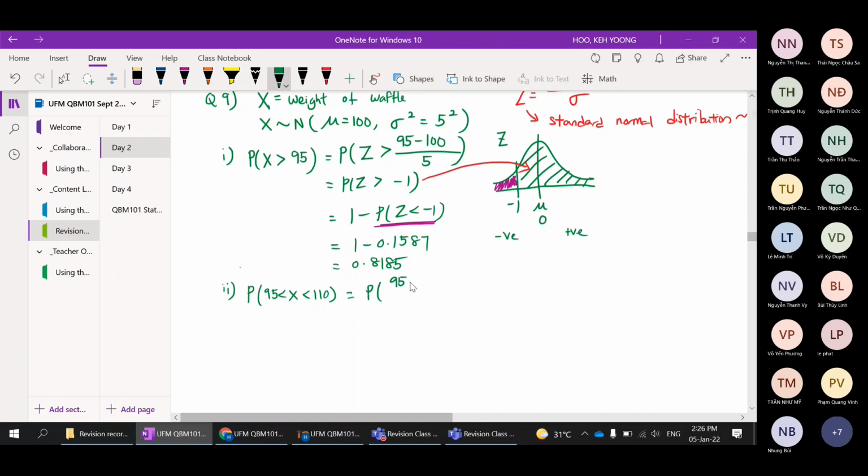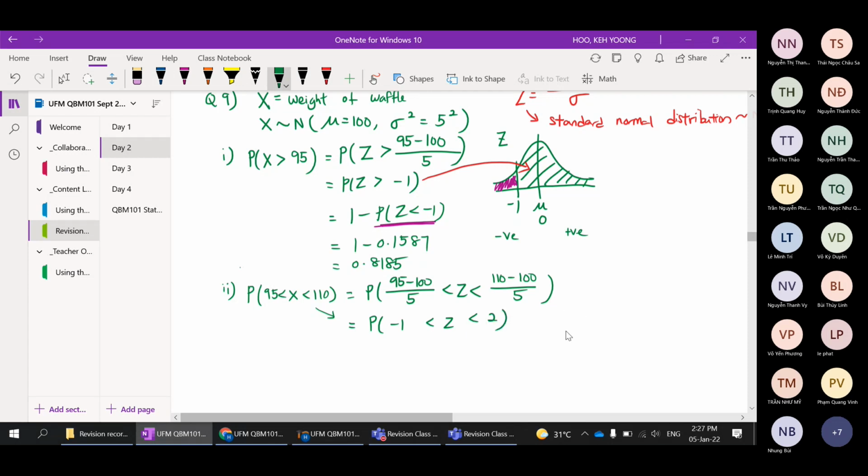Convert both to z values. Sometimes students don't want to write these steps. It's fine. If you don't write how to convert to z value, minus mean divided by standard deviation, you can go straight to the second step. You write down the z values after your conversions. So you get -1 and 2.